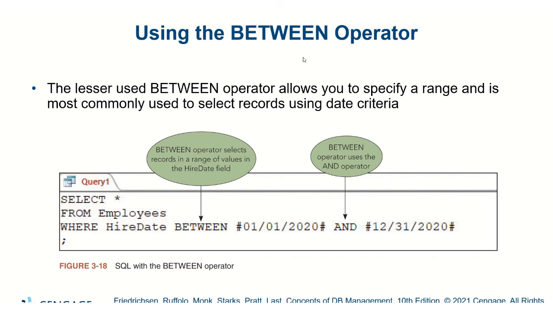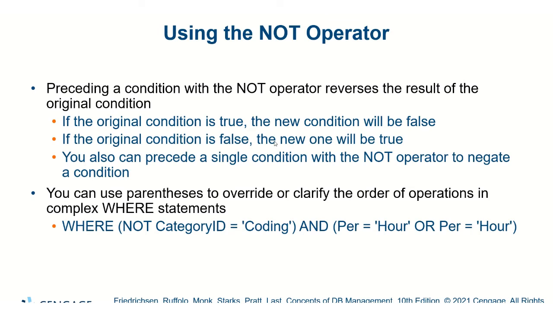And also the between operator. Then you can use the NOT operator as well. The typical syntax is where NOT category ID equals coding, and so on. So NOT category ID.